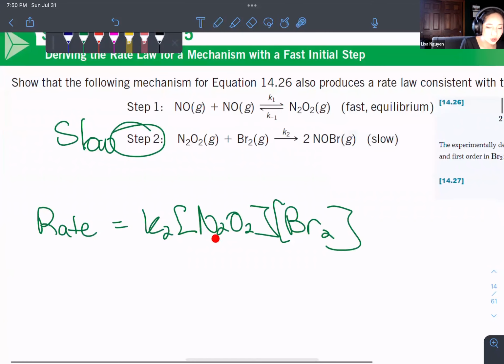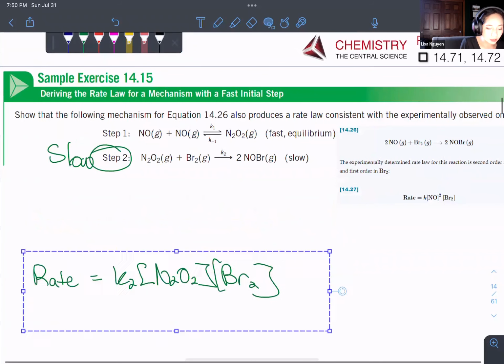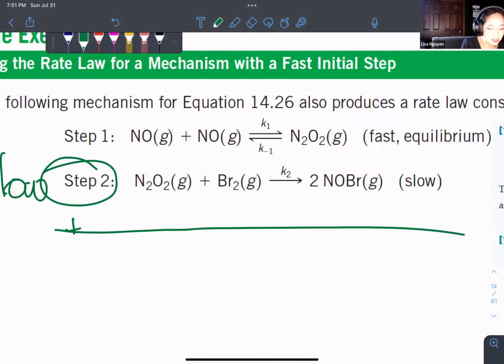The problem with this is that N2O2 is an intermediate, so I can't actually control its concentration. I need to make sure that when I write my rate law, it only contains species within the overall chemical reaction. If we wanted to get the overall chemical reaction here, we would add up these two reactions and you would recognize N2O2 is an intermediate.